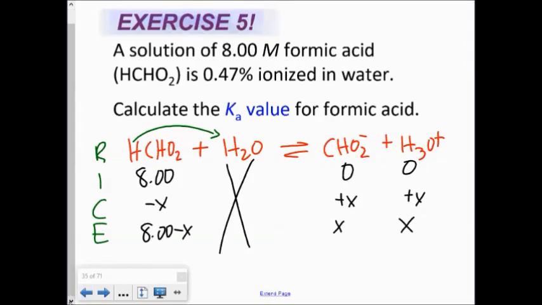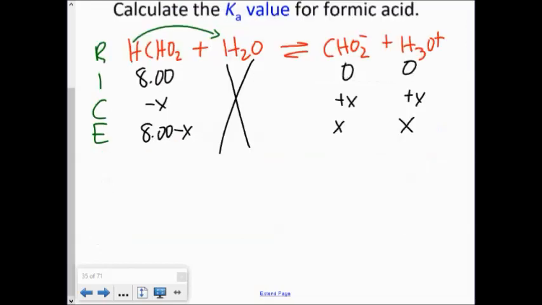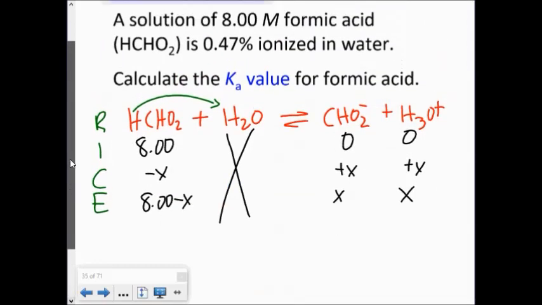Well, are we going to be able to figure out our X value? Yes, we can figure out our X value. How can we figure out our X value? Okay, so basically 0.47% of 8 molar is going to be our X value.